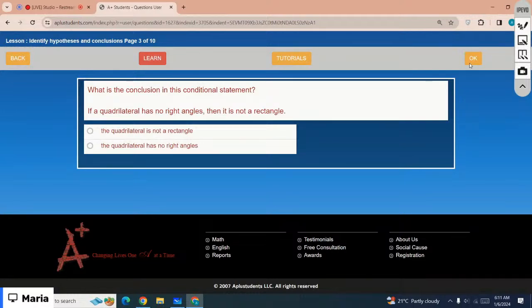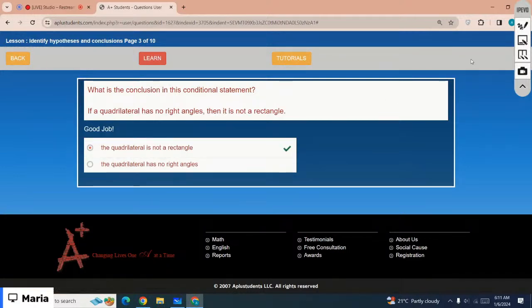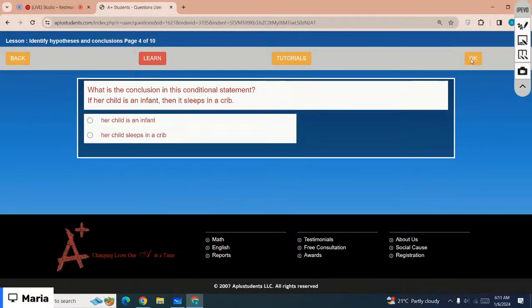You have to see the conclusion. The then part is the conclusion, that is, it is not a rectangle. So the quadrilateral is not a rectangle. Got it? The correct option is option number one, the quadrilateral is not a rectangle. That is the conclusion.